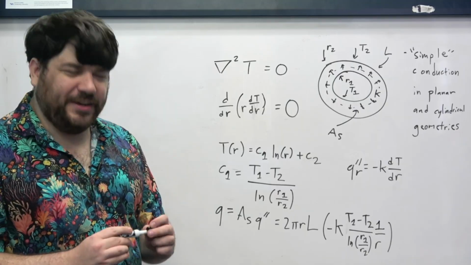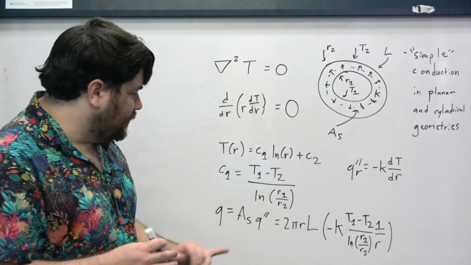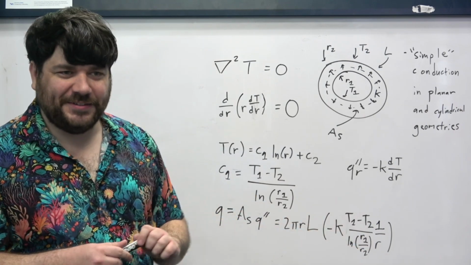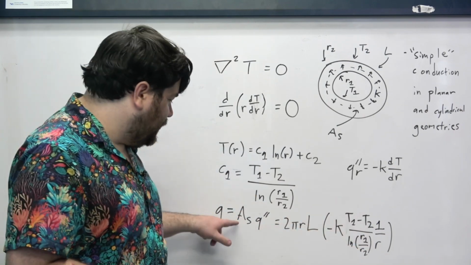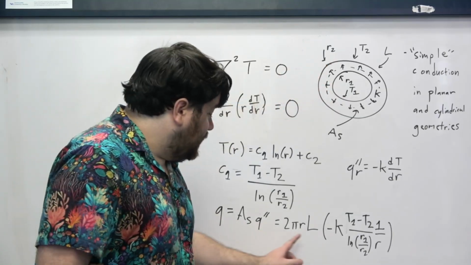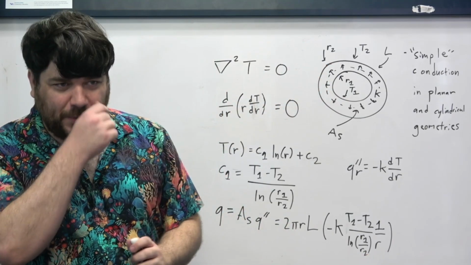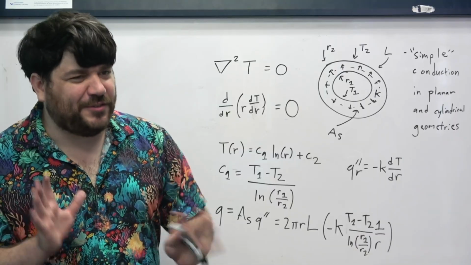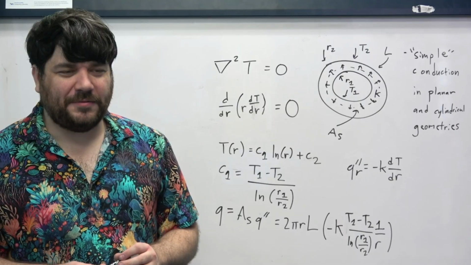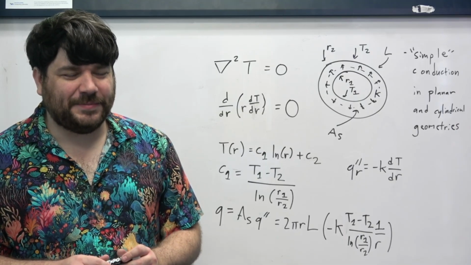And so here's another interesting fact about cylindrical systems. The Q double prime is not constant in r either. The surface area changes with wherever you're doing the analysis, and the heat flux changes as well. And so heat flux is not conserved in r in cylindrical systems, which is an interesting little fact.